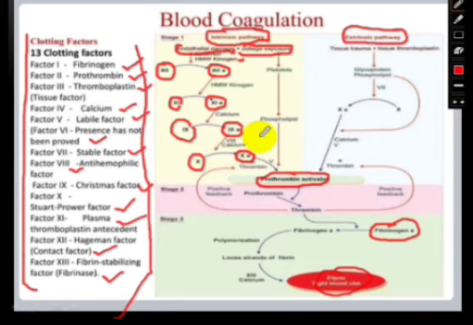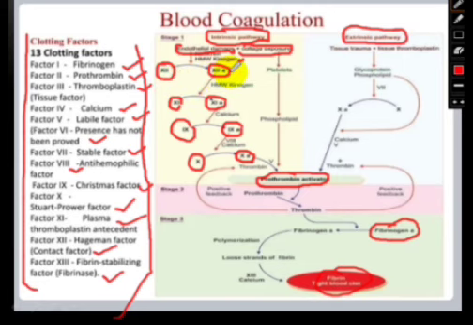And factor 9 is being activated by active factor what? Are you sure? You guys look confused. Look. Let's take it from the beginning.